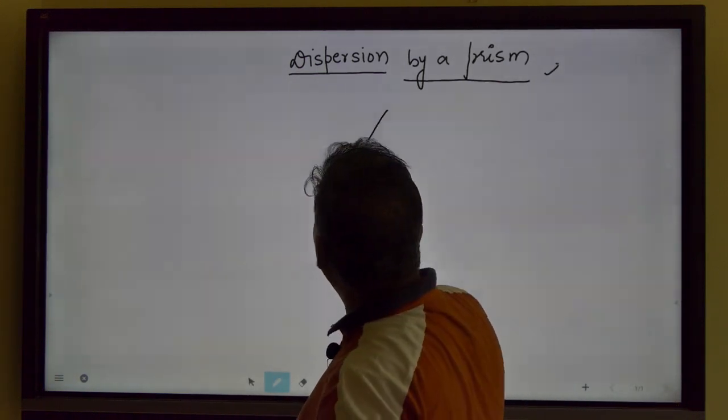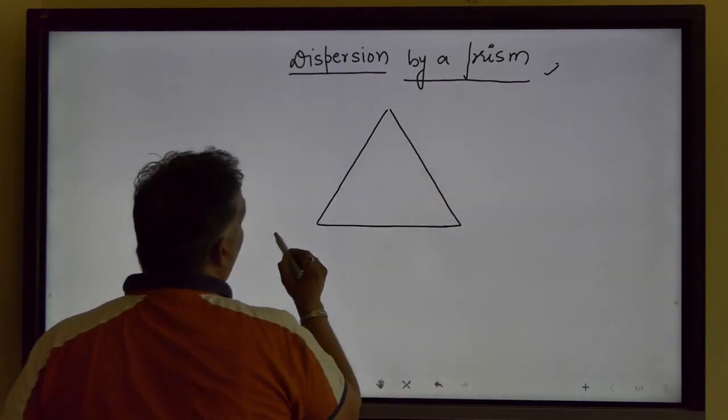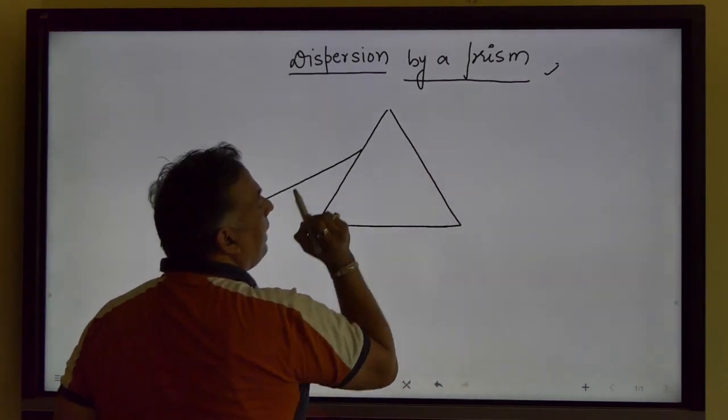This is a prism, and this is a white light.